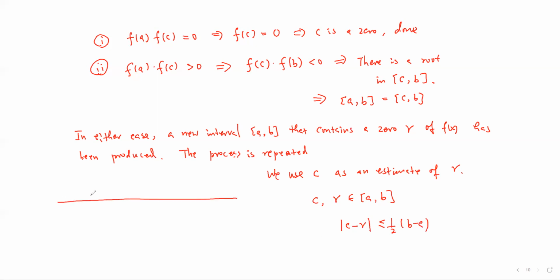You see here, AB, midpoint C, the distance between the root and C is always less than half the length of the interval AB. So when B minus A is small enough, C is close enough to the root that we want to find. And C is considered to be the solution.